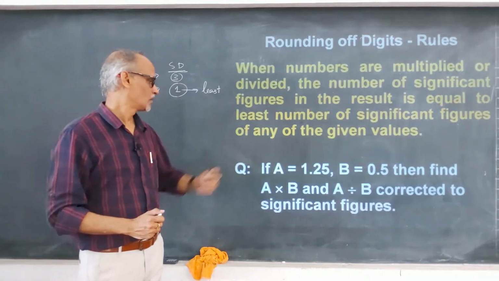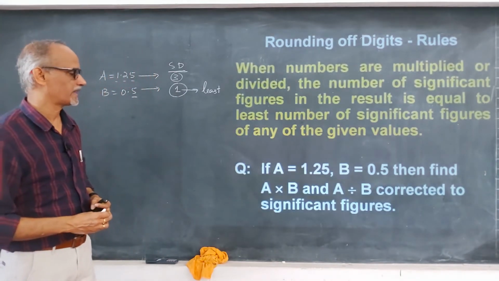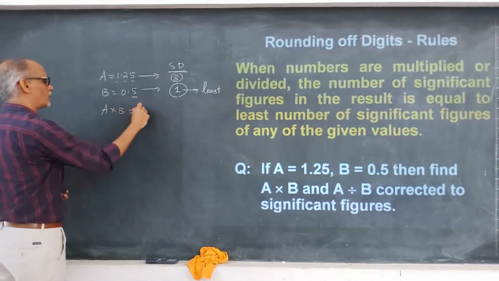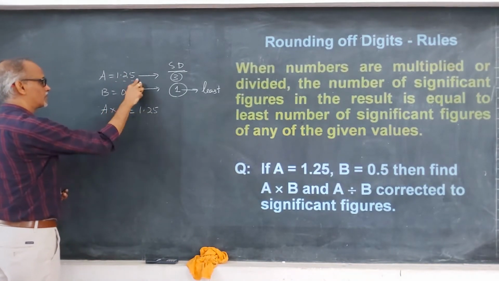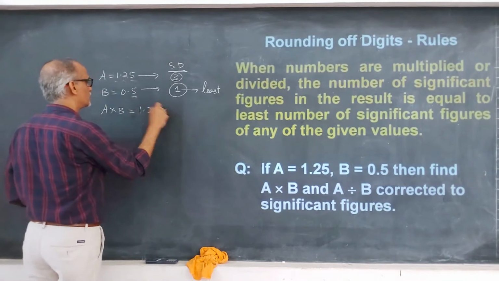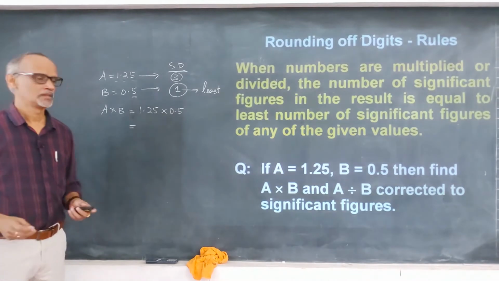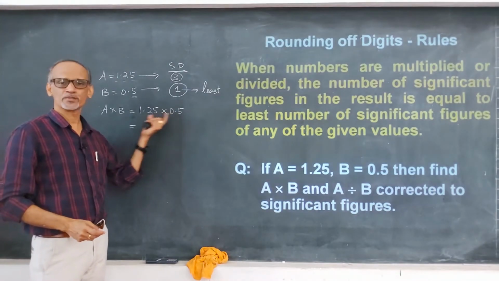What do we need to calculate? A and B are given. Then find A into B. Okay, let's calculate that. 1.25 multiplication into 0.25.